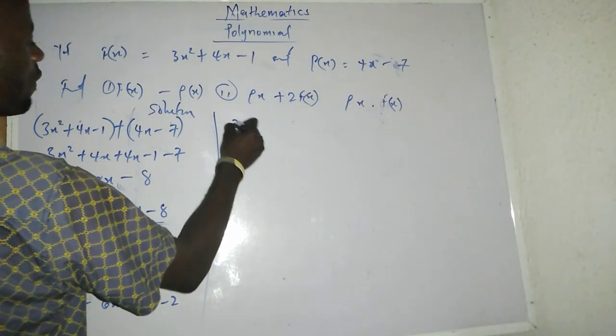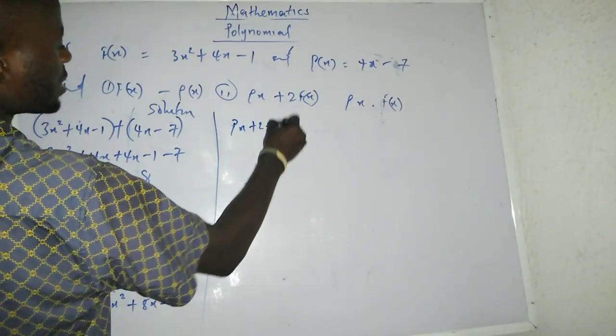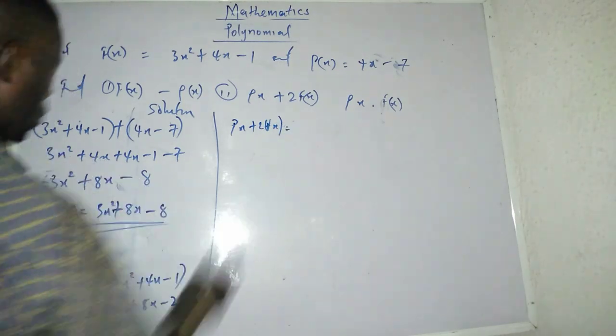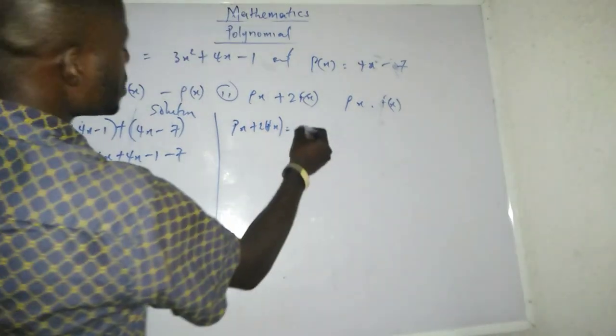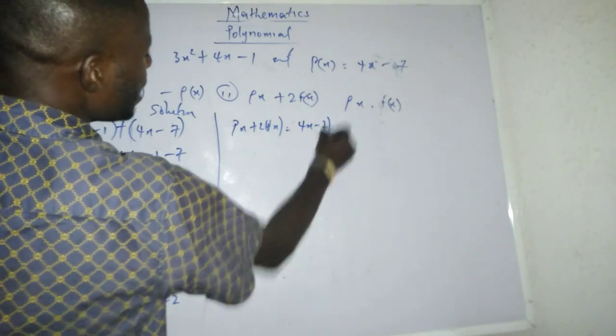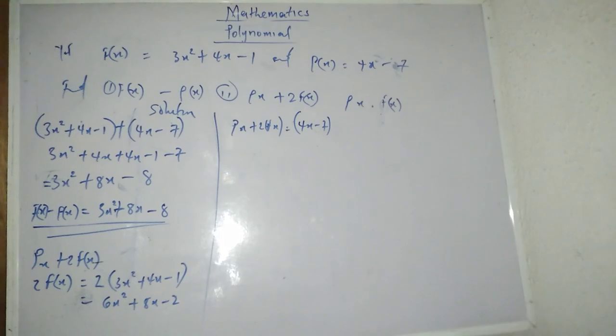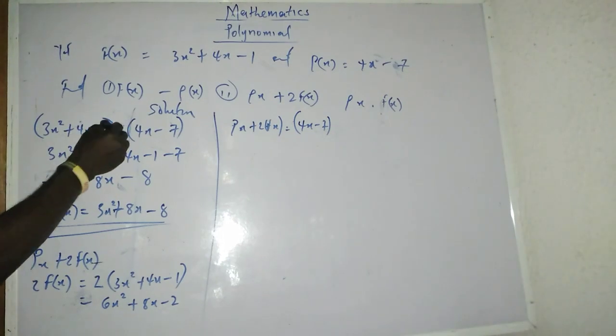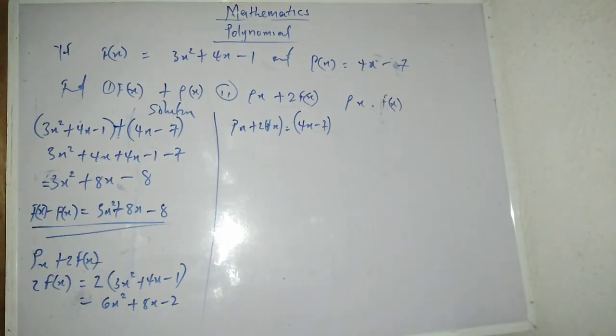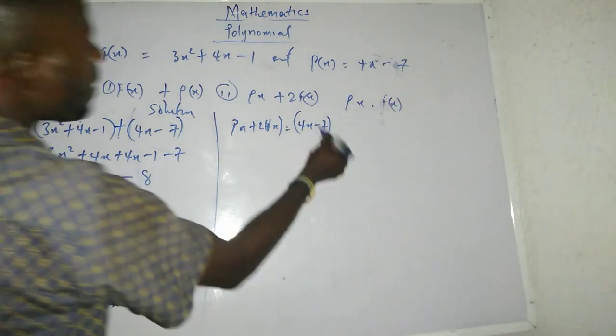My p of x plus 2f of x is equal to, my p of x is 4x minus 7. Introduce bracket. It's good to introduce bracket. Okay, the one I add next is going to be minus. Sorry, let me change this one to plus. Introduce bracket.